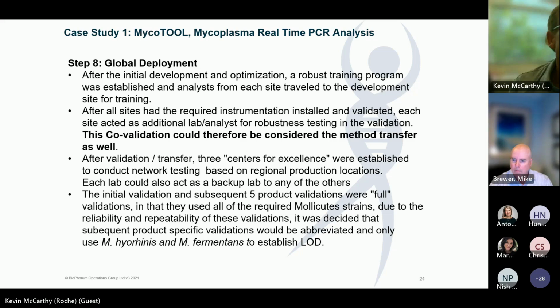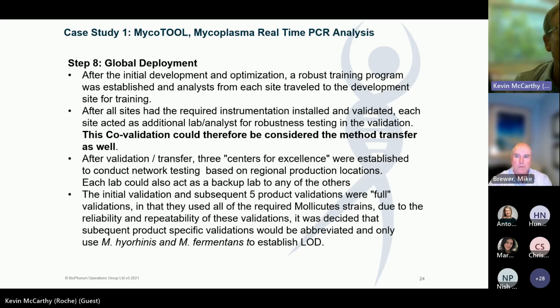After the validation/transfer, 3 centers of excellence were established to conduct network testing based on regional production locations. Each lab could also act as a backup lab to the others. Currently, we have a lab in Penzberg, Germany, Oceanside, California, and South San Francisco, California.